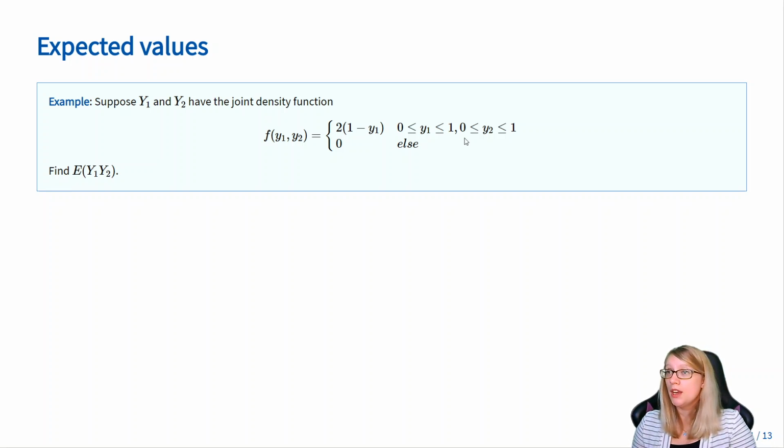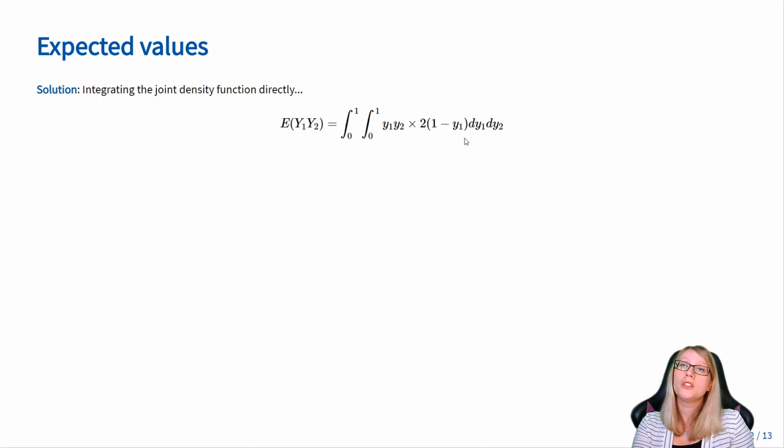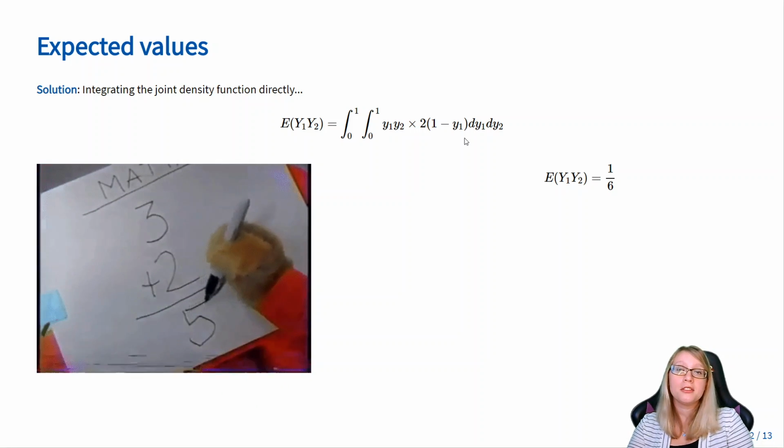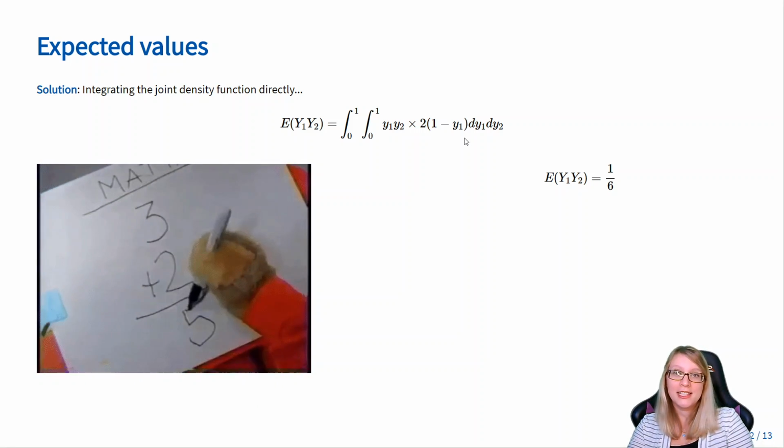So suppose y1 and y2 have the joint density function 2 times 1 minus y1. Let's find the expected value of y1 times y2. We can do this by integrating directly, again, so we can integrate y1 times y2 times the joint density function. If we do that, we get 1 over 6.